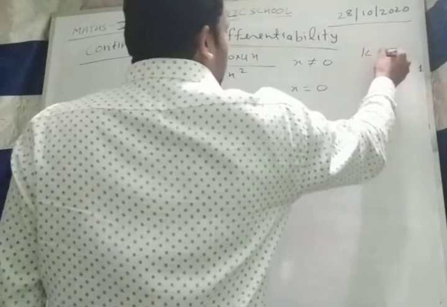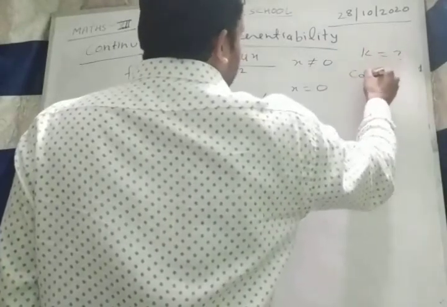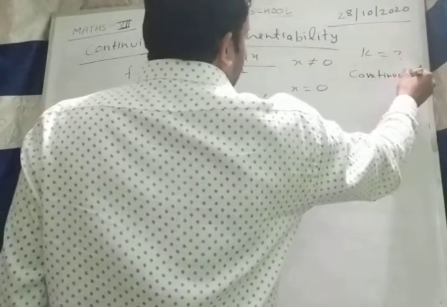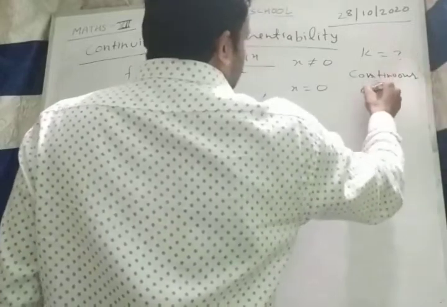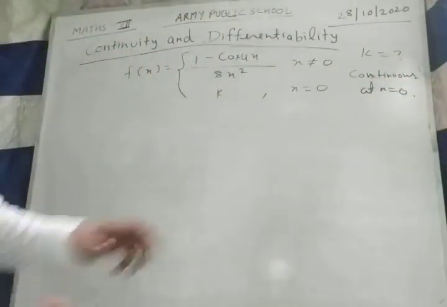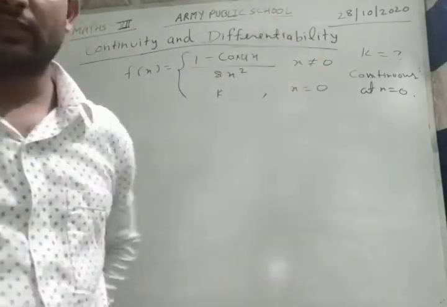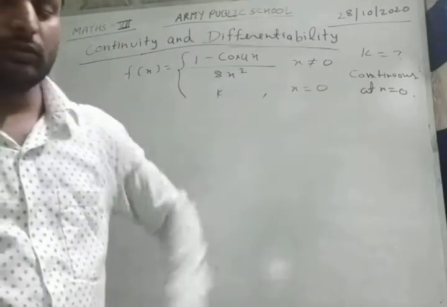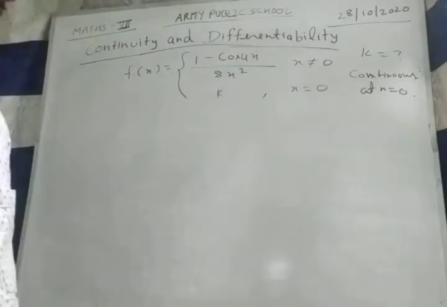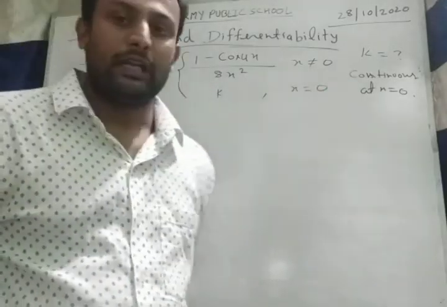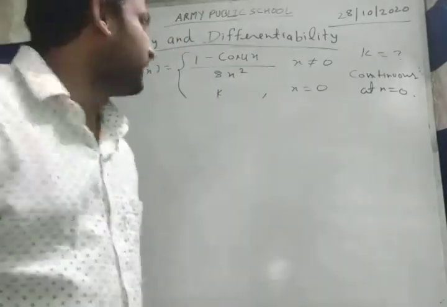For what value of k is this function continuous at x = 0? The function is given, and it is continuous at x = 0, and we have to calculate the value of k.